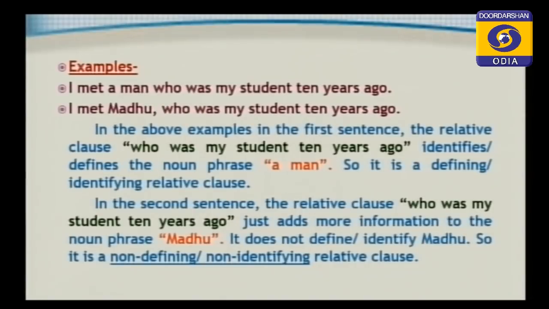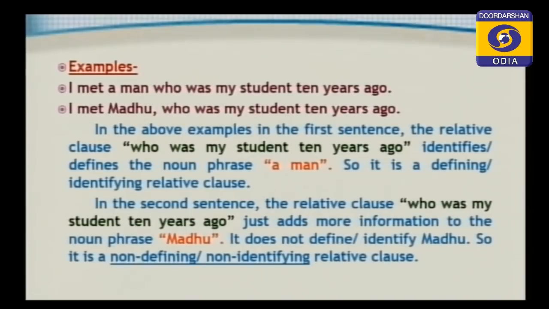In the first sentence, the relative clause who was my student 10 years ago defines the antecedent noun phrase a man. It gives more information about the antecedent noun phrase a man. If I say only I met a man, the question will arise, which man did you meet? So, who was my student 10 years ago.